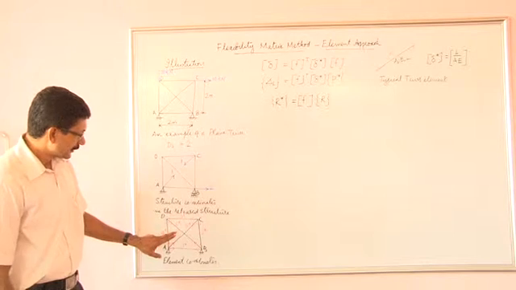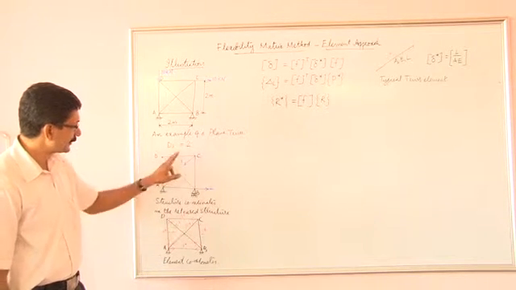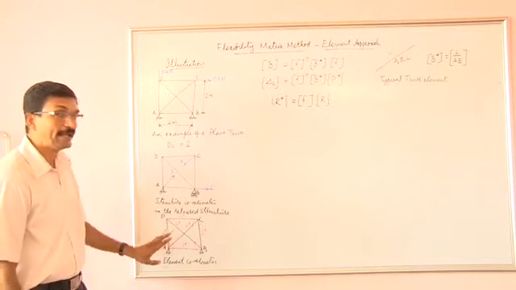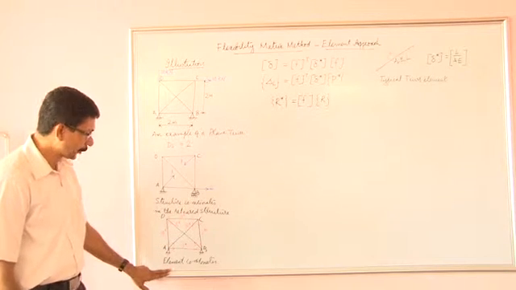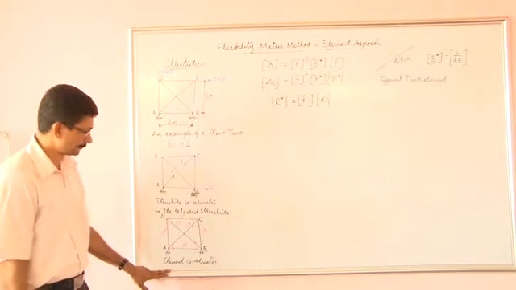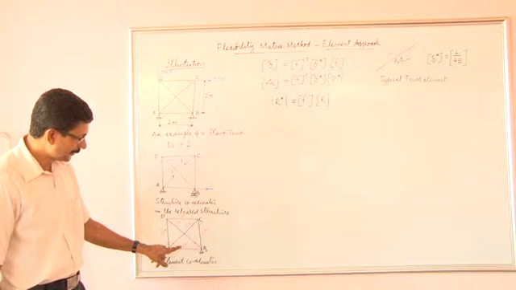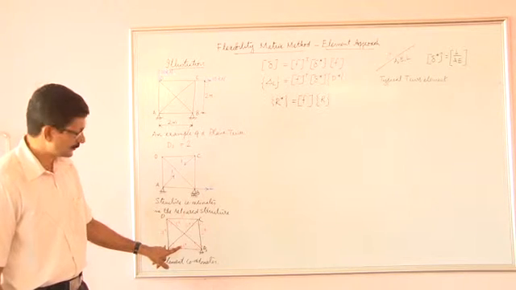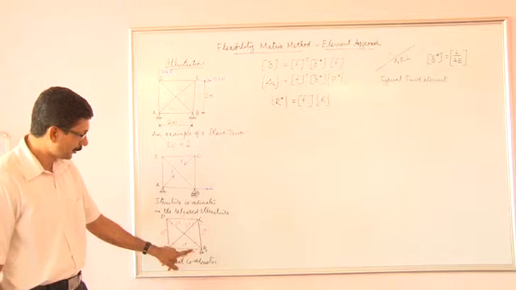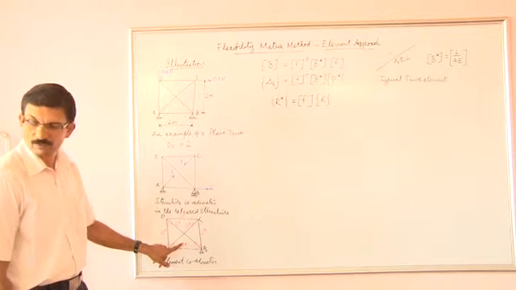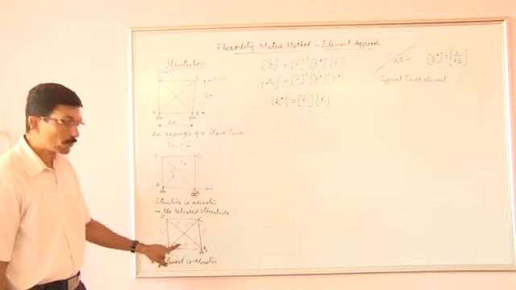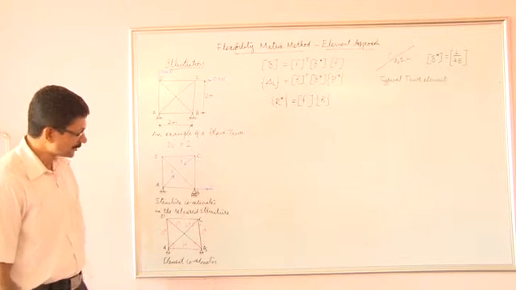Now, in this figure, I have divided the structure into elements and assigned element coordinates to each member. This is element coordinate 1 star. Tensile force in the member or elongation of the member is represented by this coordinate.